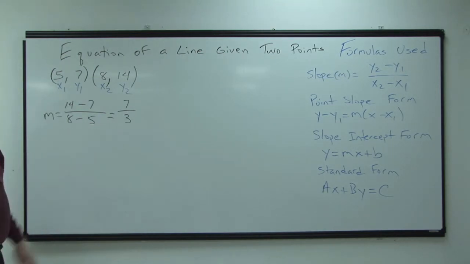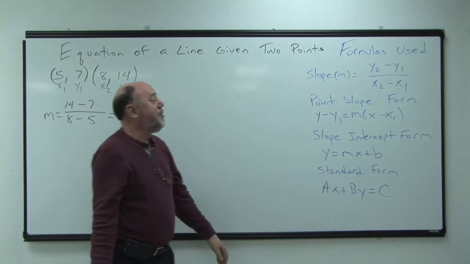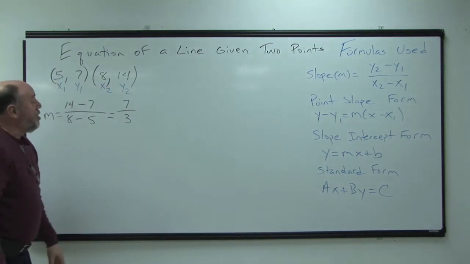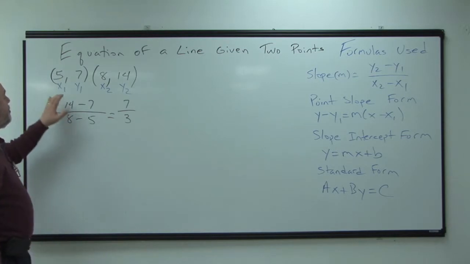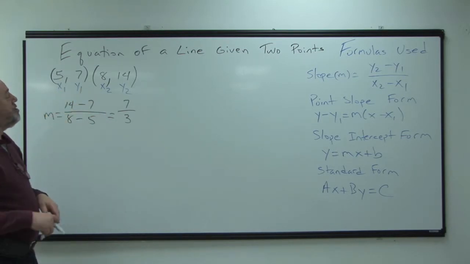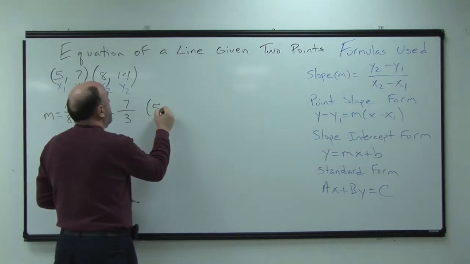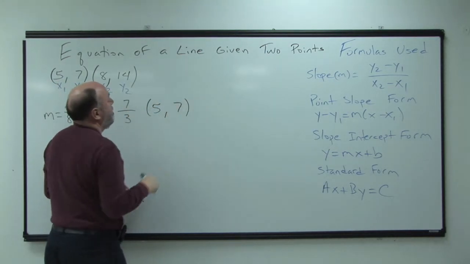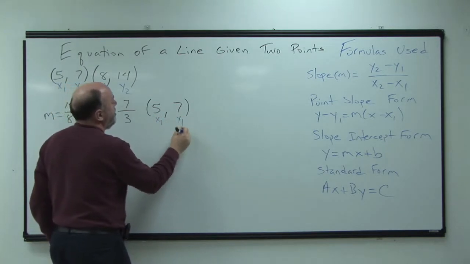Well, now that we have our slope, we're now going to come up with our equation of a line, and we're going to first find it in point-slope form. So we have our slope, and so we now need to have a point. In this case, we actually have 2 points, so we're going to just pick one of these. So we will take the point 5, 7, and we'll call this x1, we'll call this y1.